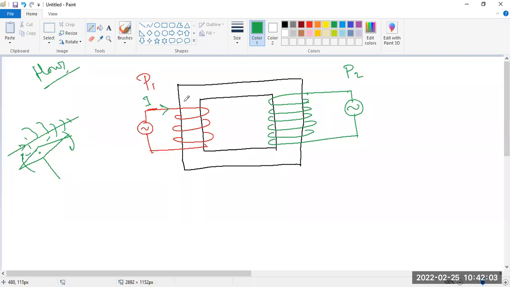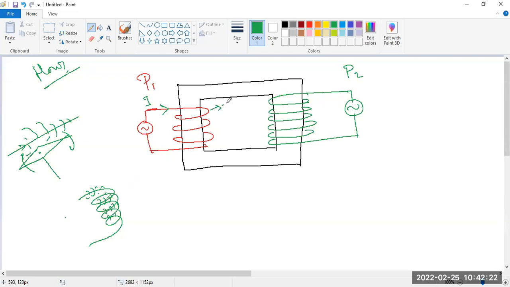So whenever current flows through this transformer wire, because this is a coil, a magnetic field is created around each and every wire, for every turn. This is called one turn.